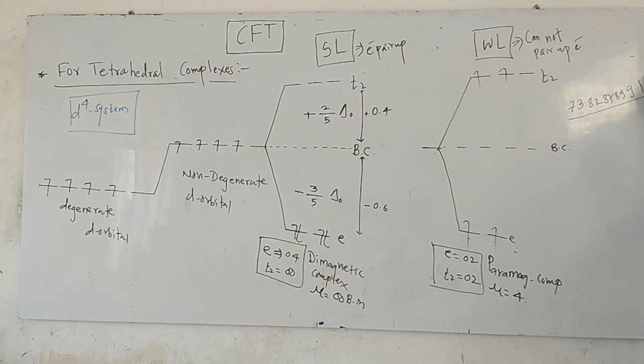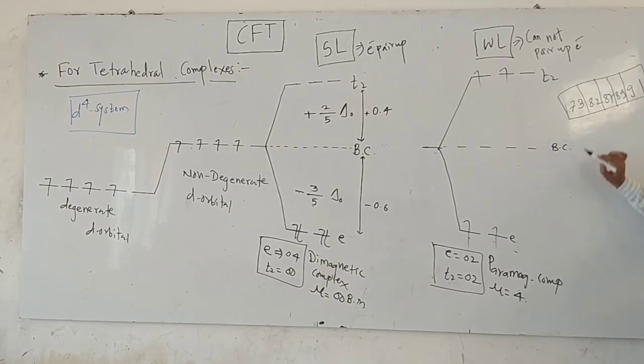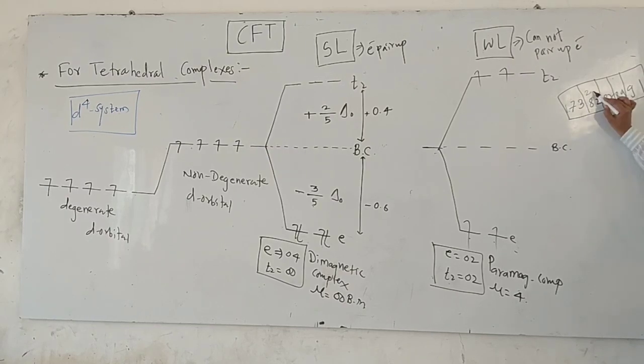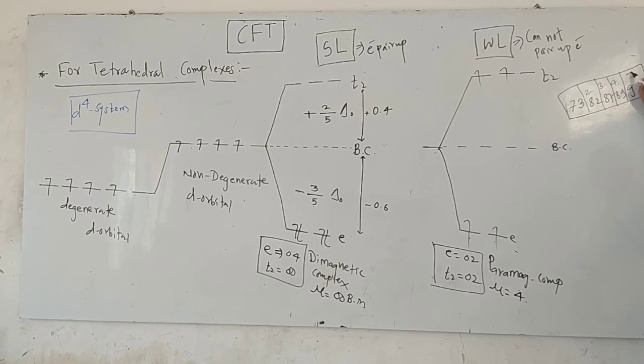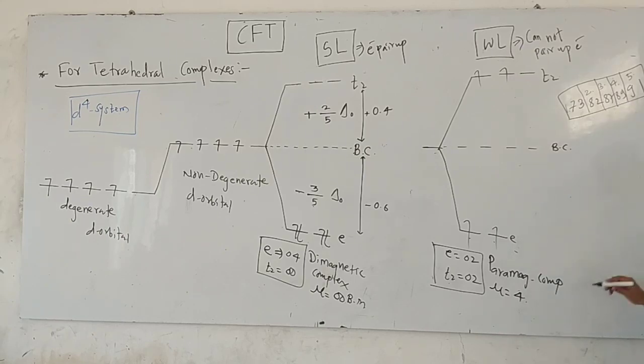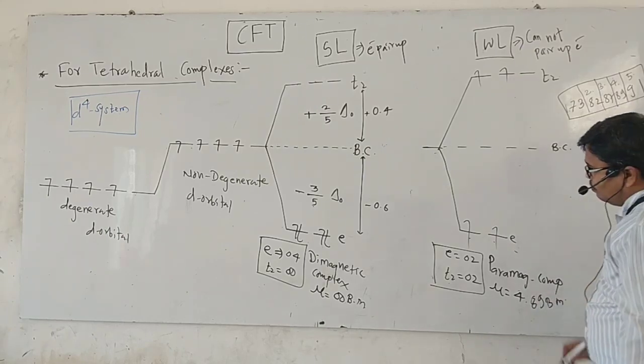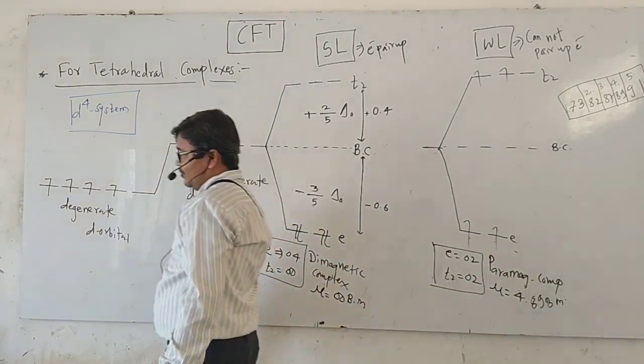So this number you have to remember. Now make pairs of 2 each. So for number of unpaired electrons 1, it will be 1.73. For 2, 2.82, 3.87, 4.89 and 5.91. Number of unpaired electrons are 4, so 4 point something. It will be 4.89 Bohr's magneton.